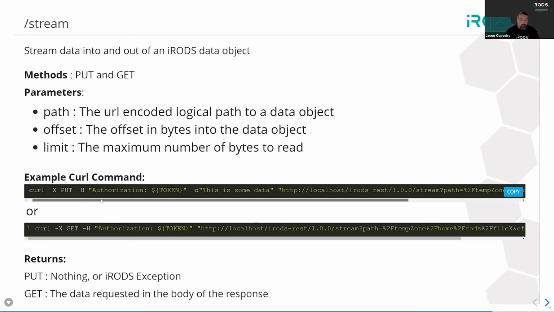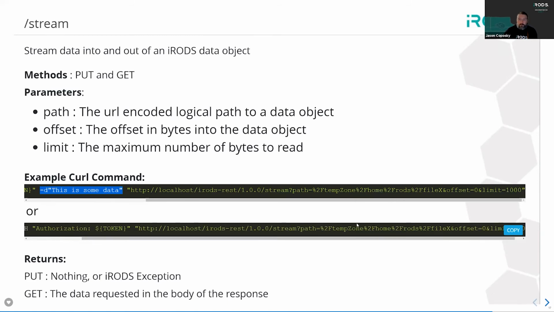So if we're putting data, we can just put some raw data into a data object following this URL encoded path, or we can request, just simply changing the method to get, request data from that particular data object. Put doesn't return anything, assuming it's successful, and get will come directly back as the body of that request, depending on the client you're using.